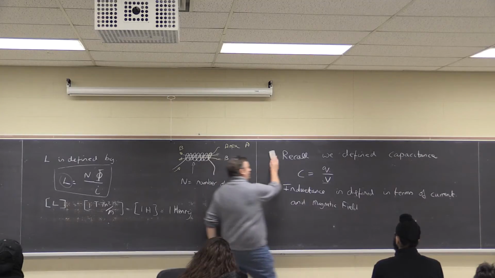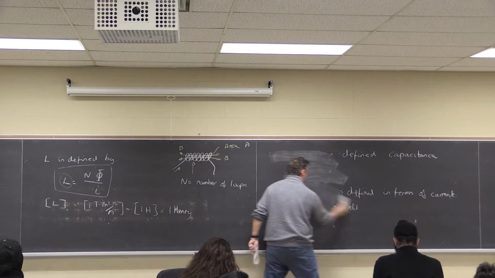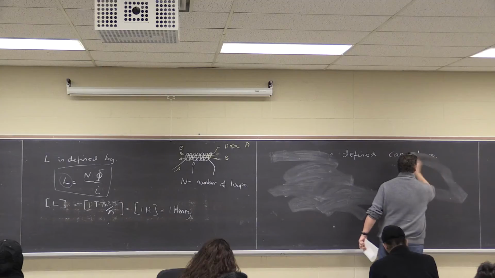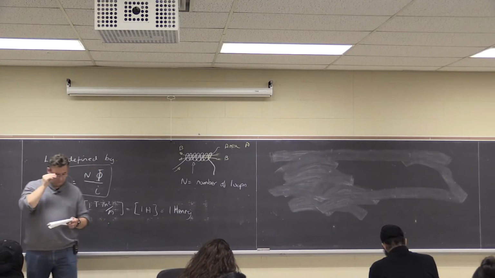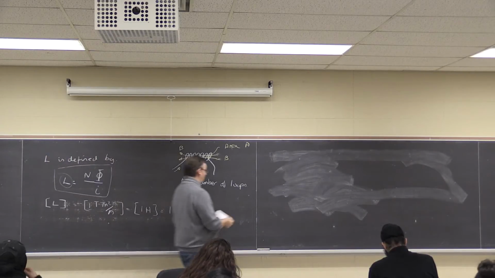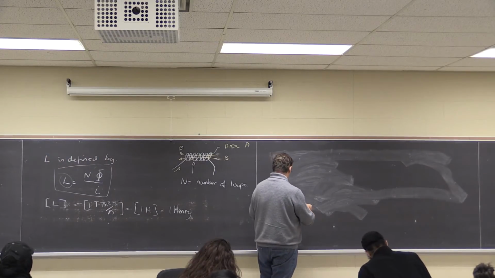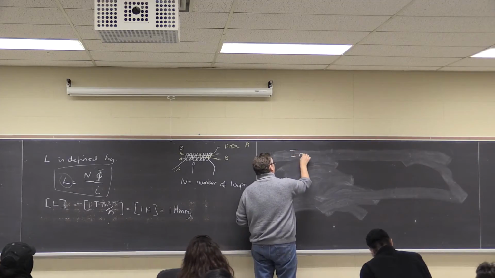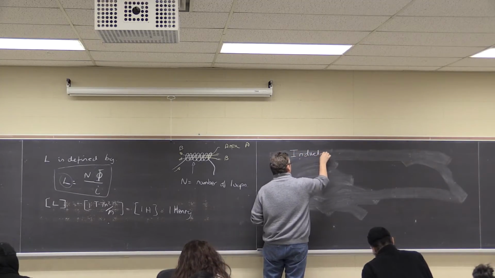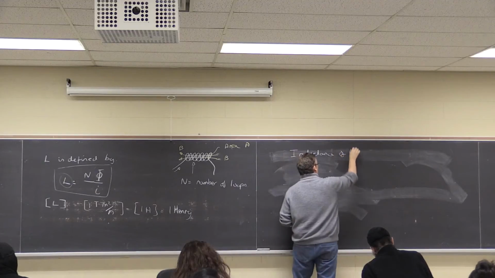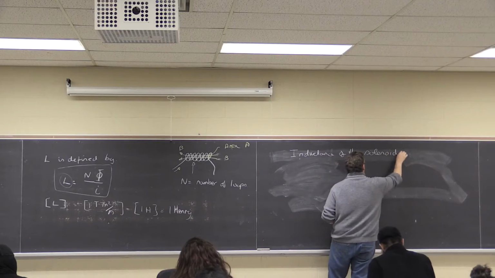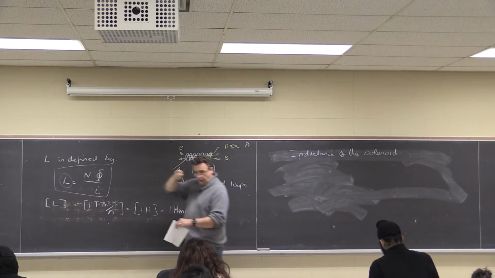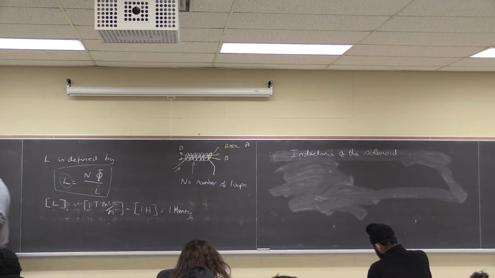Okay, so let's remove that. Let's see if we can work out inductance. So a solenoid is just this curled up wire.